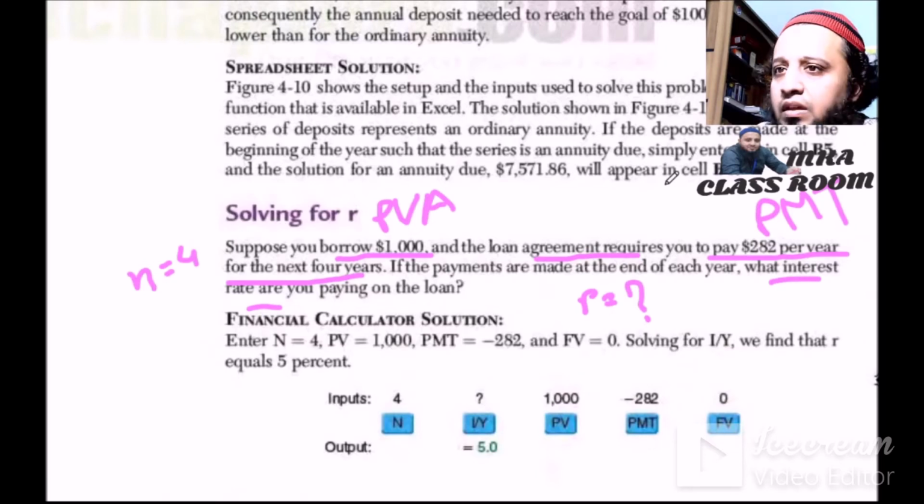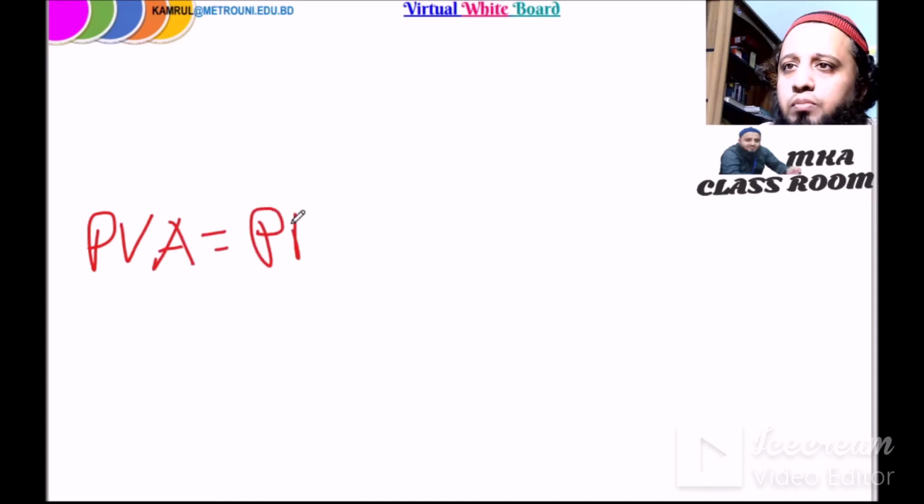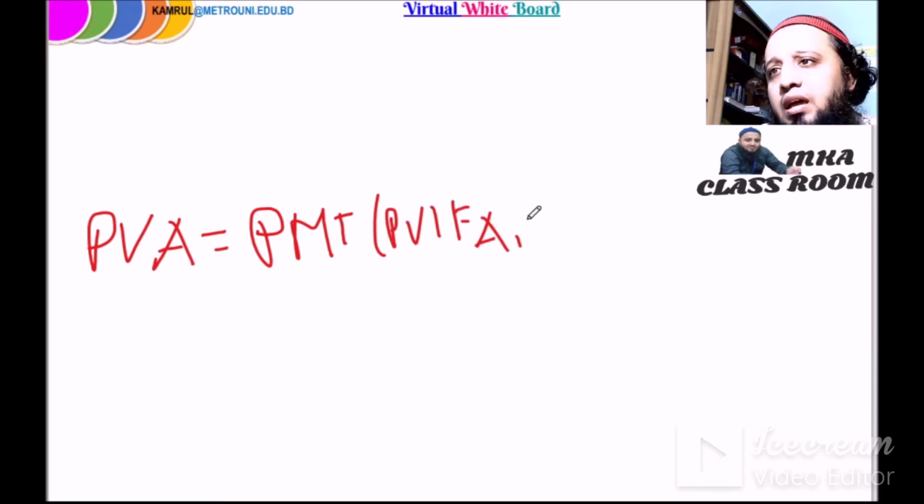to our table, PVA equal to PMT PVIFA R and N, then we can find our solutions.